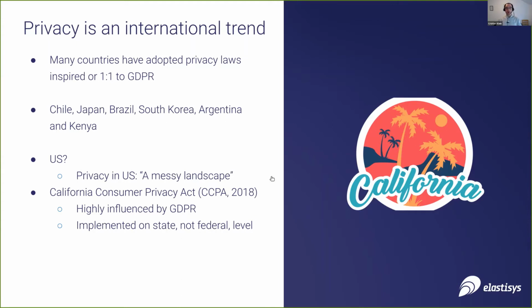However, it only applies at state level and not at federal level. And this is, of course, a very big problem when transferring data from the EU to the US, because when transferring data to outside the EU, you need to make sure that the laws of that particular country allow you to sufficiently protect the personal data of your data subject as if you had that data in the EU.